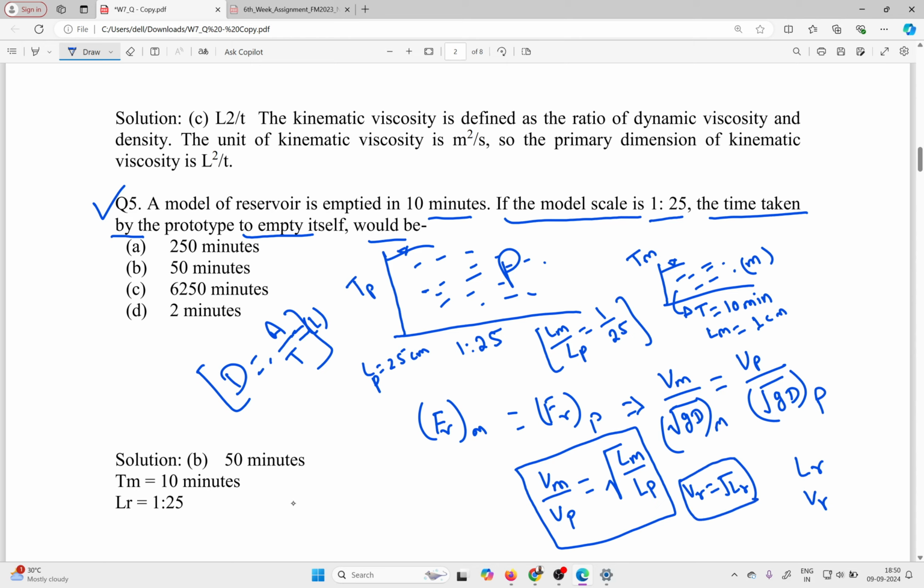Now your velocity is related to distance by time.